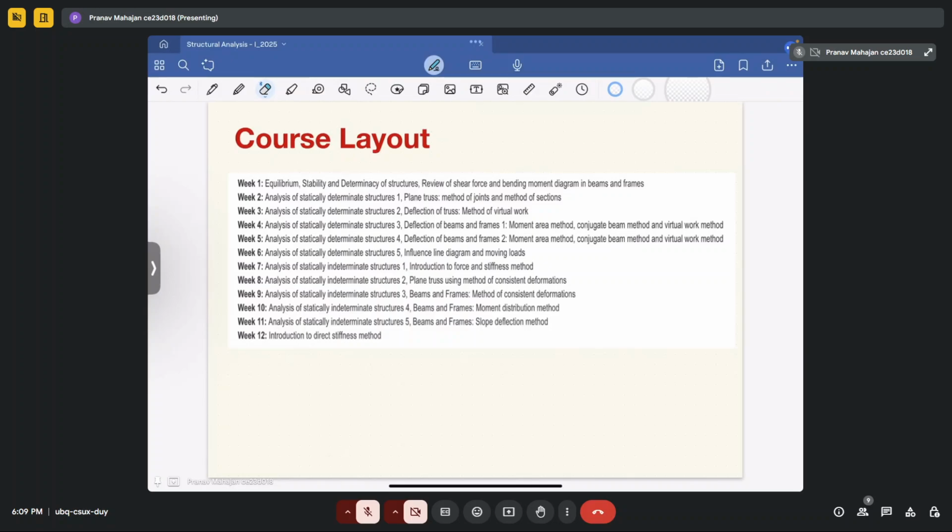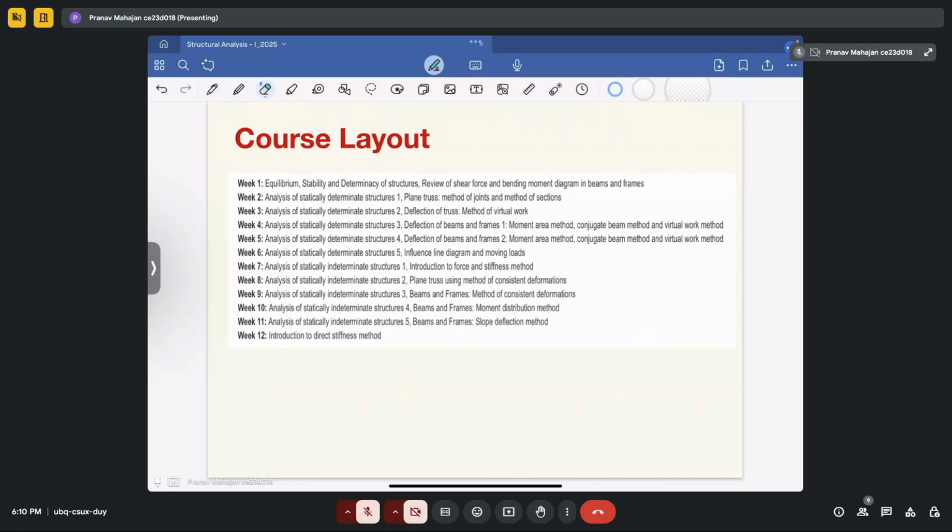Week one is considered a review week, in which what you have covered earlier, depending upon your knowledge from previous courses, is just an introductory section.